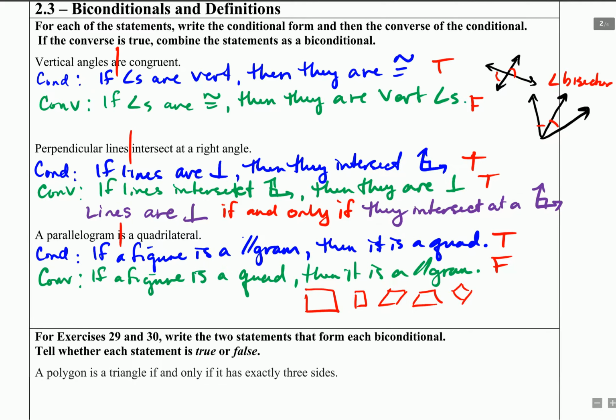Some of these are parallelograms. Rectangle's a parallelogram. Square is a parallelogram. Rhombus is a parallelogram. This is not trapezoid, kite. Those are not parallelograms. So there are counterexamples for that. So that would not make a good definition either. When we get to the chapter on classifying quadrilaterals, you'll get a good definition for parallelogram.